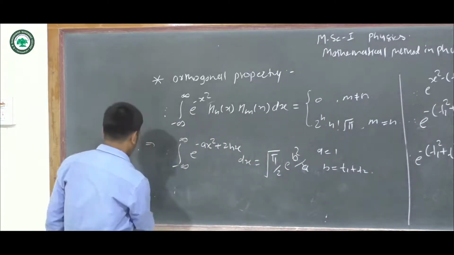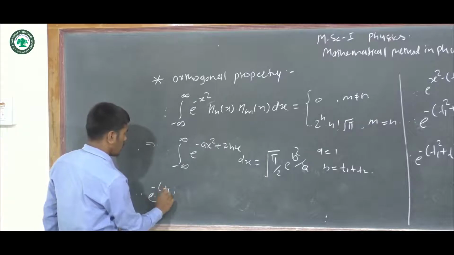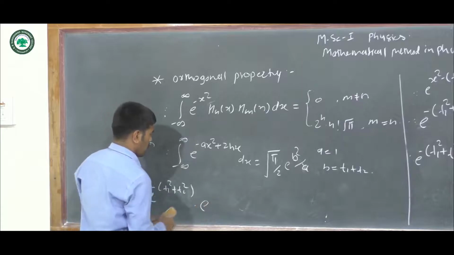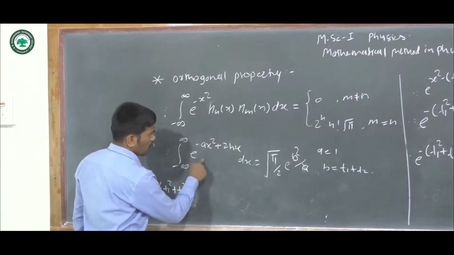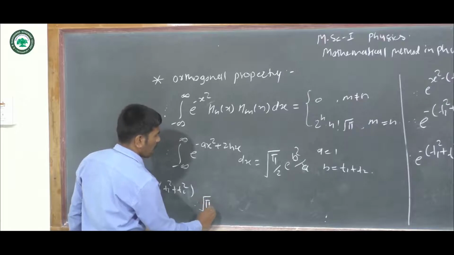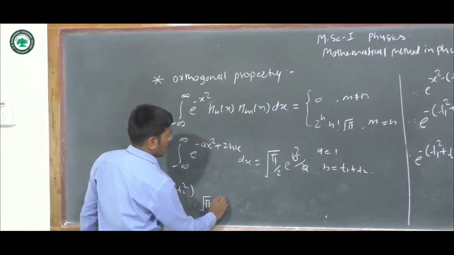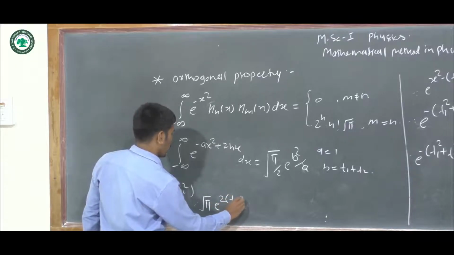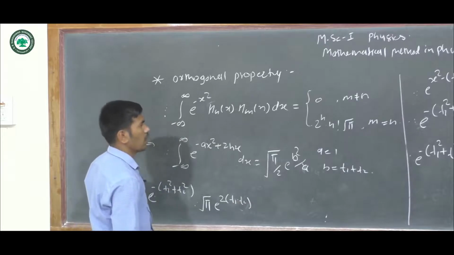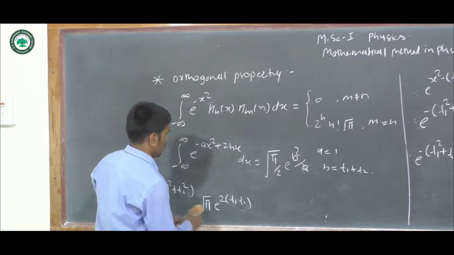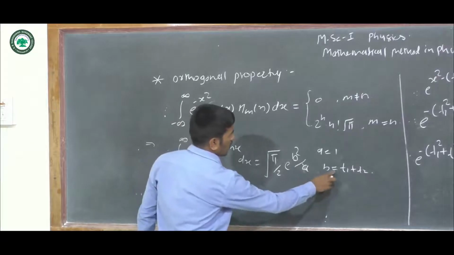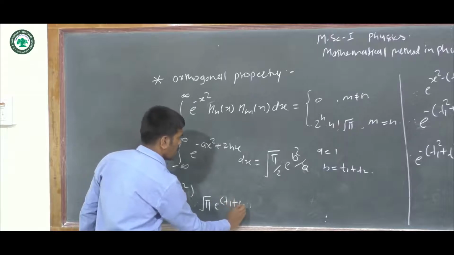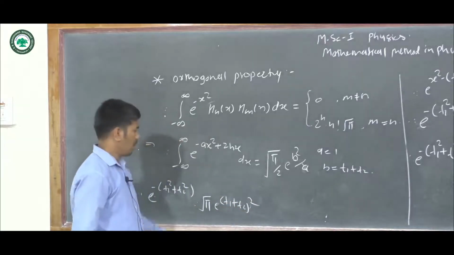So from this formula we can write under root pi e raised to minus t1 square plus t2 square into e raised to 2 t1 t2. So b is equal to t1 plus t2, so here b square is t1 plus t2 bracket square, okay.